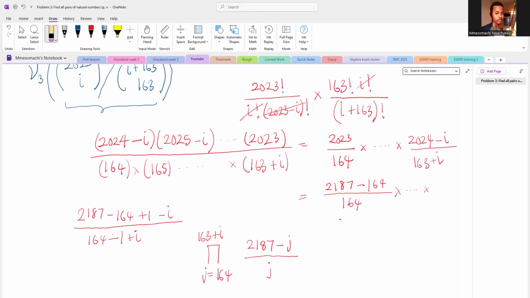So why did we do this shift? First of all, 2187 is equal to 3 to the power of 5. So this helps us a lot.